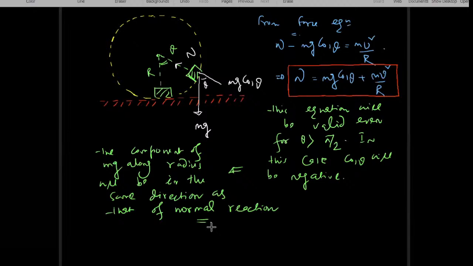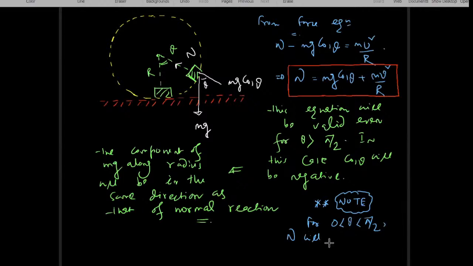And one more very important thing, a special note that you should also remember. For 0 less than theta less than pi by 2, in this interval, N will never become 0. Normal reaction cannot become 0 in this interval.